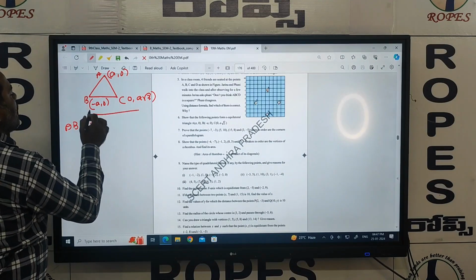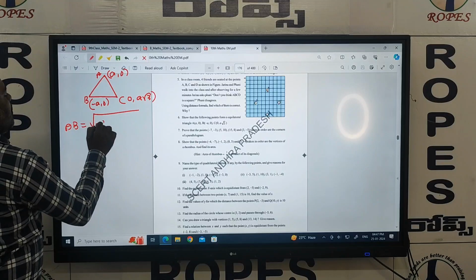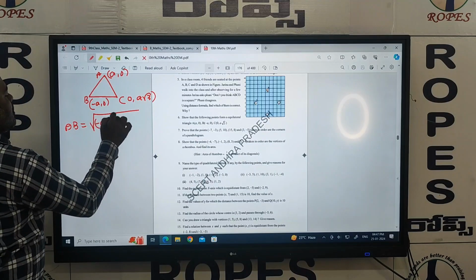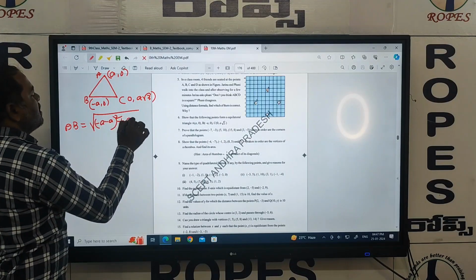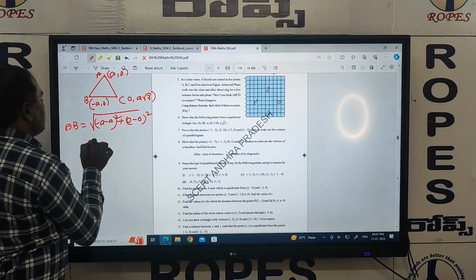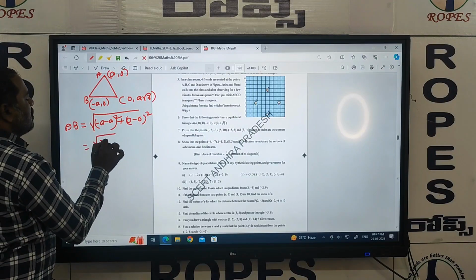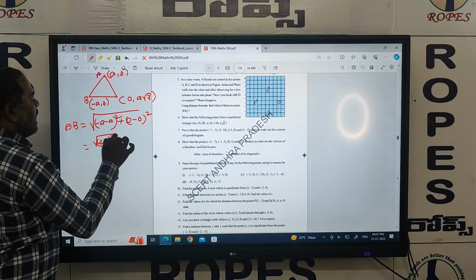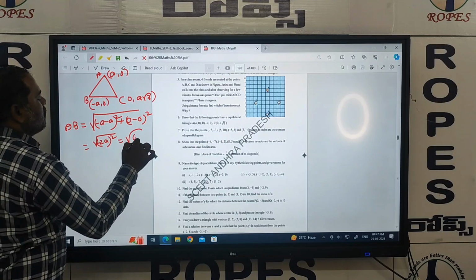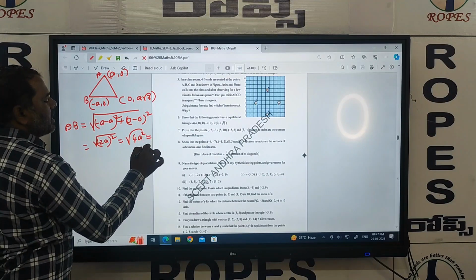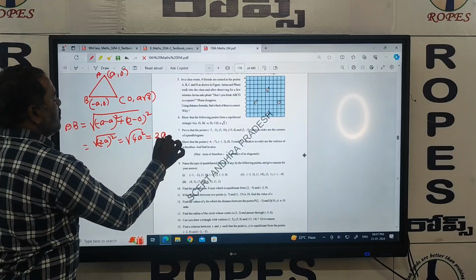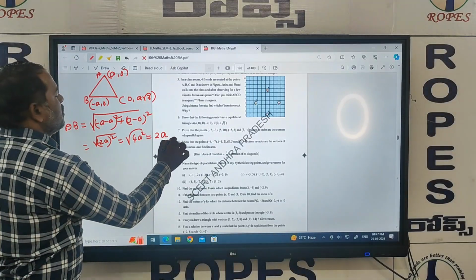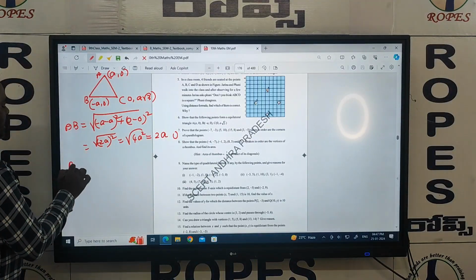AB is equal to root of (−a − a) whole square plus (0 − 0) whole square, that is equal to root of (−2a) whole square, that is equal to root 4a square. That we can write as 2a units.